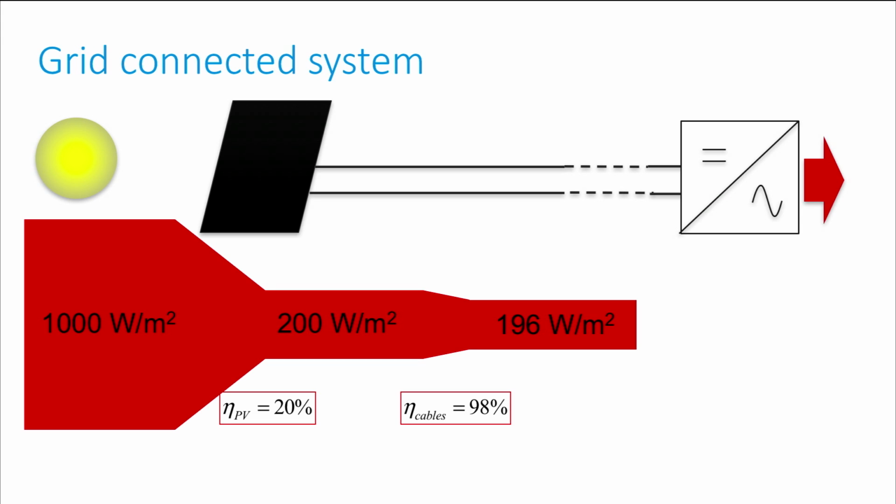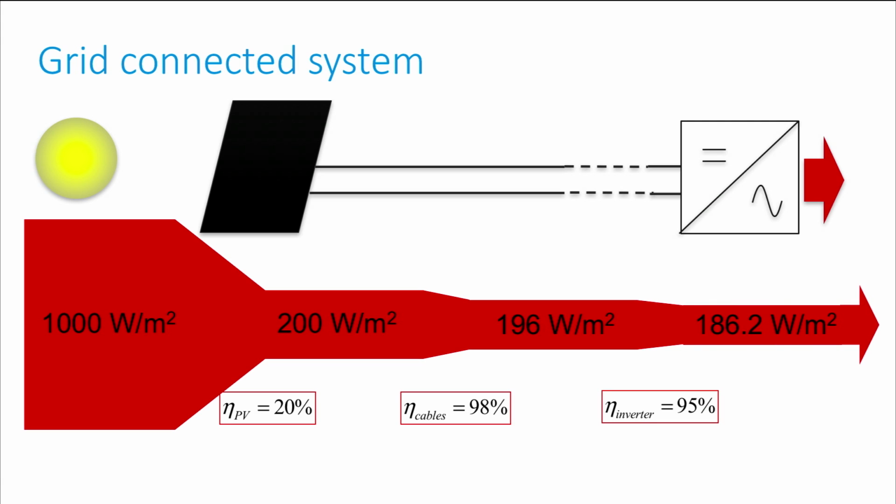With advancement in power electronics, it is rather common to have inverters that reach a DC to AC conversion efficiency greater than 97%. However, usually the efficiency of the inverter is dependent on the power at which it operates. For the sake of simplicity, we shall assume an average efficiency of 95% for the inverter.